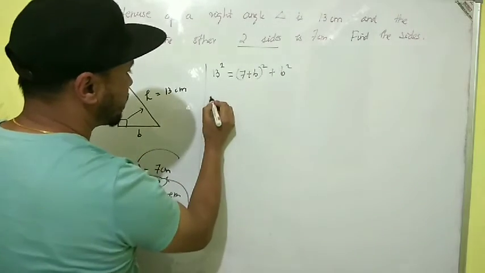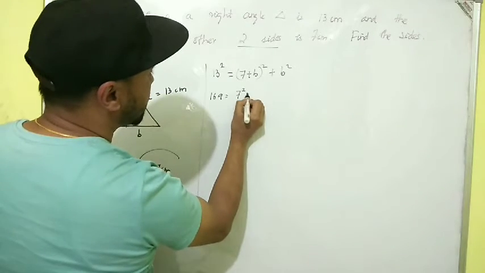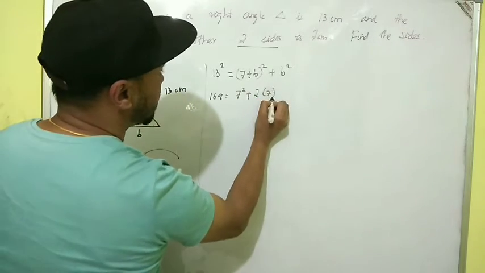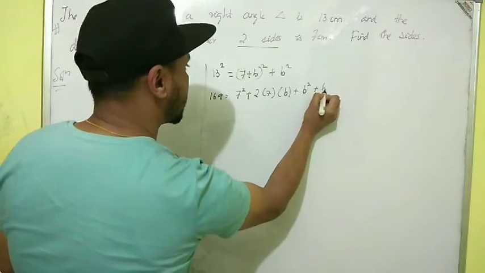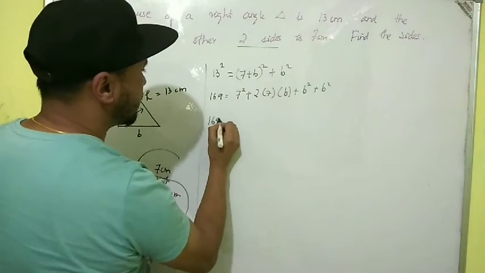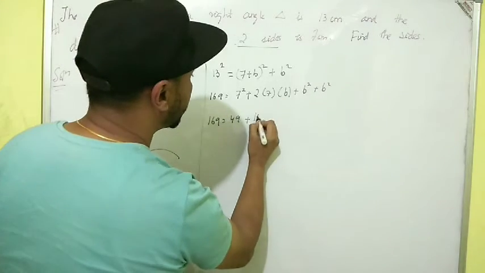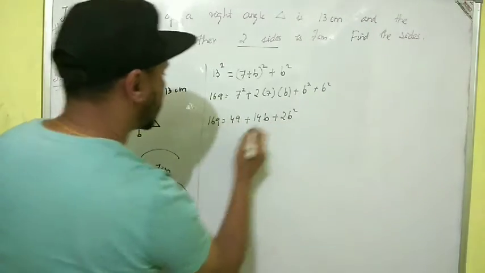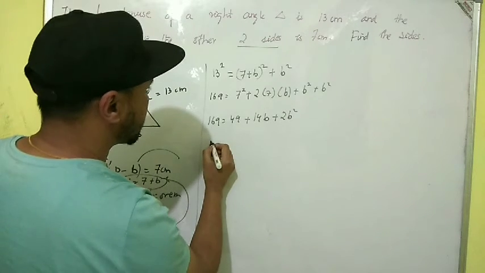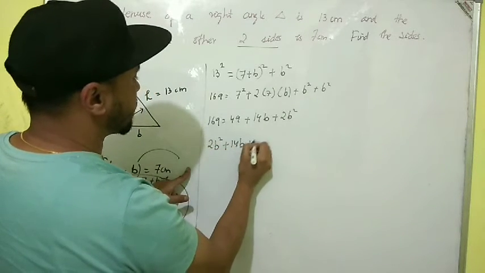Let's do the calculation. 13 square is 169. On the right, (7 plus b) whole square is a square plus 2ab plus b square, plus b square. So 169 is equal to 49 plus 14b plus b square plus b square, which is 2b square plus 14b plus 49.